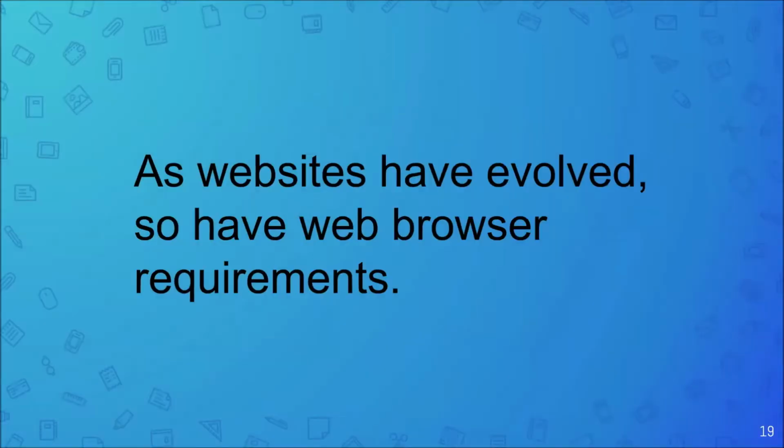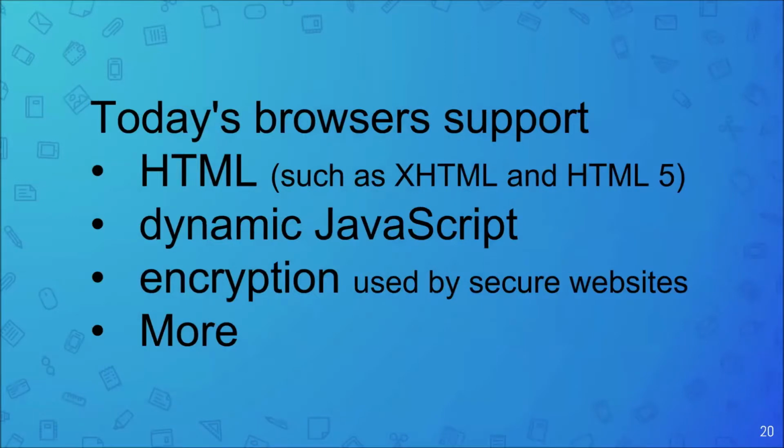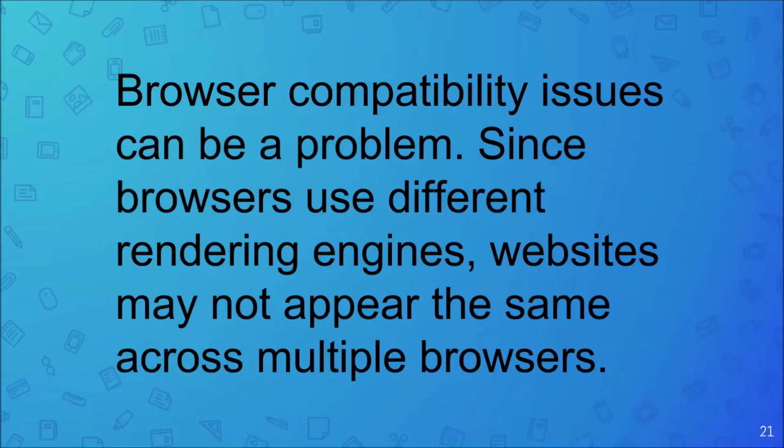But as websites have evolved, so have the web browser requirements. Today's browsers support HTML, such as HTML5, dynamic JavaScript, encryption used by secure websites, CSS, and so many other things. Browser compatibility issues can be a problem.